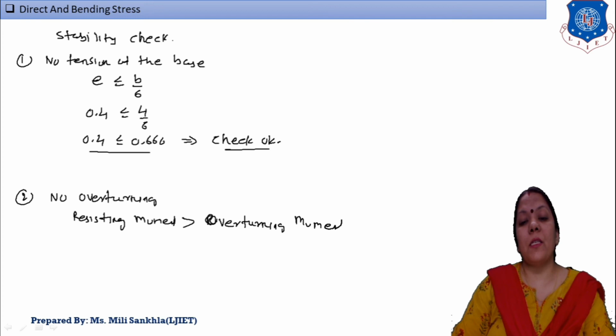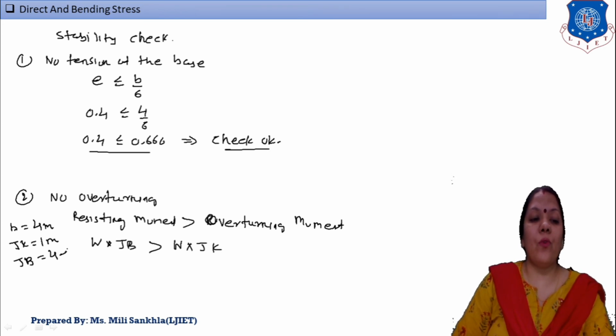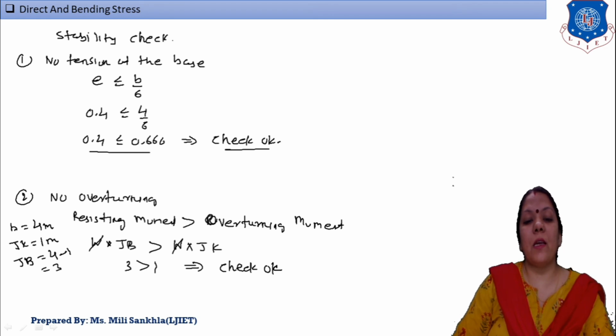In the previous session I explained in the theory portion, resisting moment is equal to capital W into JB, greater than overturning moment, which is equal to capital W into JK. Now JB, our width B is equal to 4 meter and JK we found out is 1 meter. That means JB is equal to 4 minus 1 is equal to 3 meter. Right here 3 is greater than 1, because the W's cancel. That means again this check is okay.